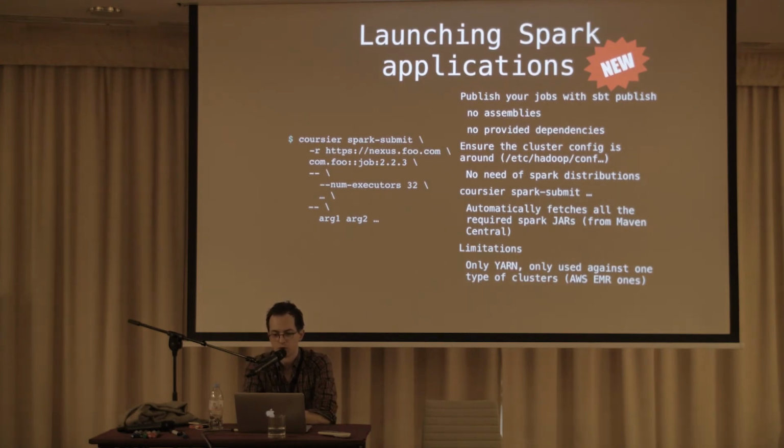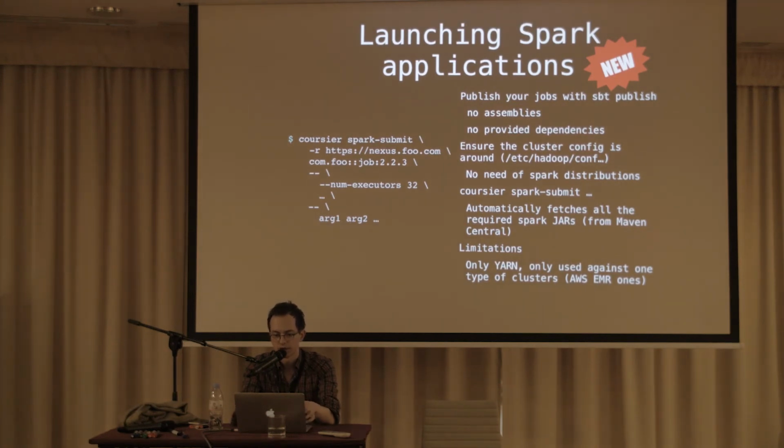I'm going to talk about the yarn case here. We can assume the yarn cluster configuration is in the directory /etc/hadoop/conf, so that allows to have Spark connect to that cluster and launch things on it.